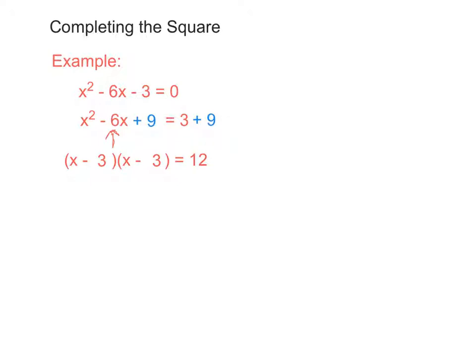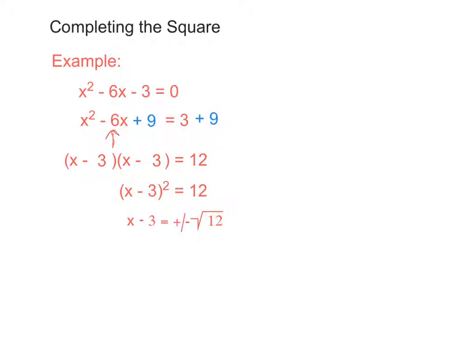Well, I could rewrite this as simply x minus 3 squared is equal to 12. Well, I can't set x minus 3 equal to 12, but if I take the square root of both sides, look what happens. And we now have x minus 3 is equal to plus or minus the square root of 12.